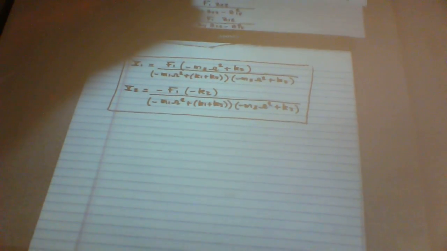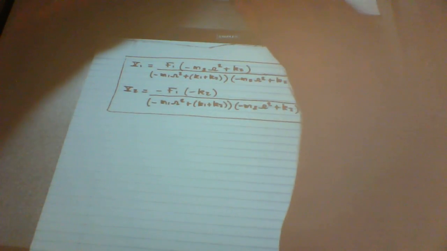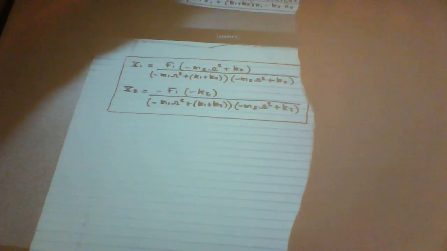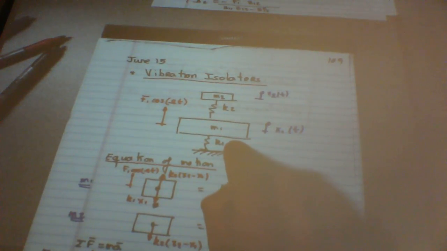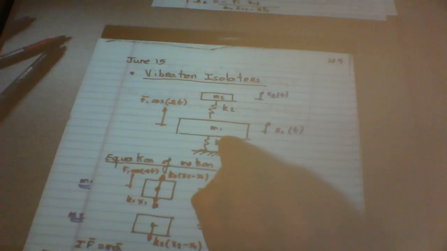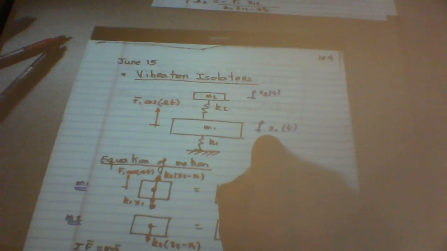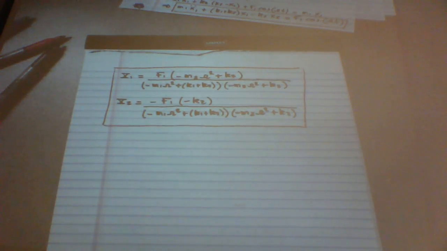Okay, so let's go back to the first page. What are we trying to do? We're trying to make M1 stationary, so we want to make x1 equal to 0. So x1 equal to 0 means this needs to be equal to 0. How can this be equal to 0? If the numerator is equal to 0.